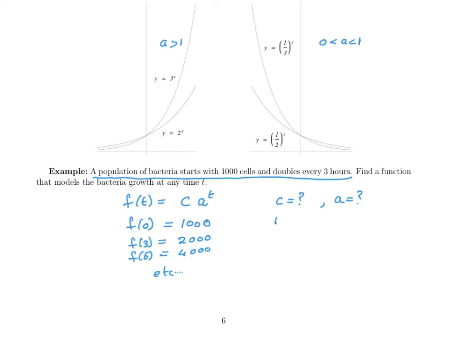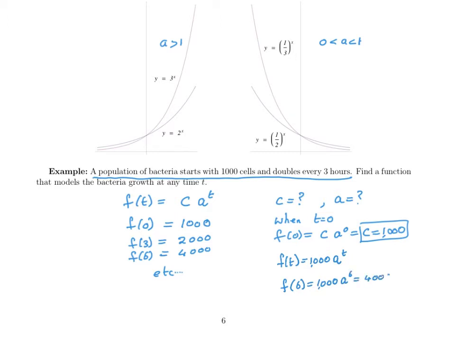Well, first of all, when t equals 0, I know f of 0 is c times a to the 0, which is c, and I also know that that's 1,000. So c has to be 1,000 here, and f of t is 1,000 times a to the t. I also know that f of 6 is equal to 4,000, and f of 3 is equal to 2,000.